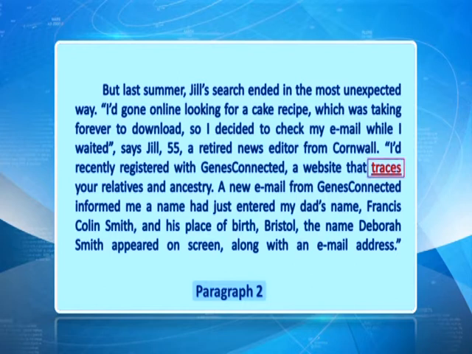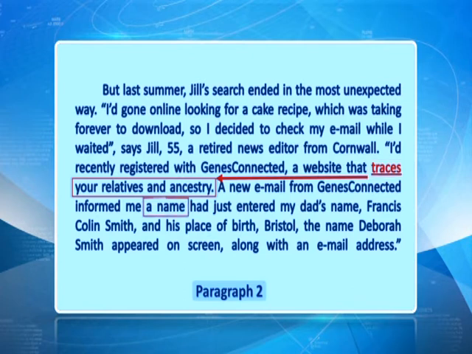So we are being told here that we have a website called Genes Connected, and it is tracing your relatives and ancestry. And then in the next sentence, we have an example that shows us how the website is tracking or tracing users.